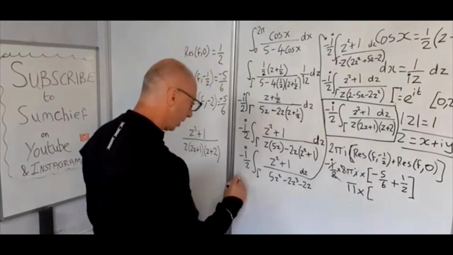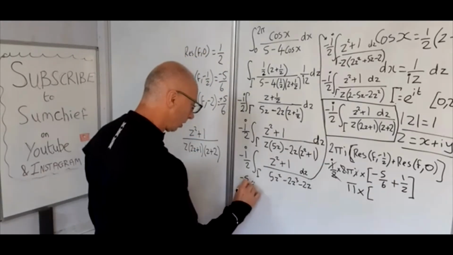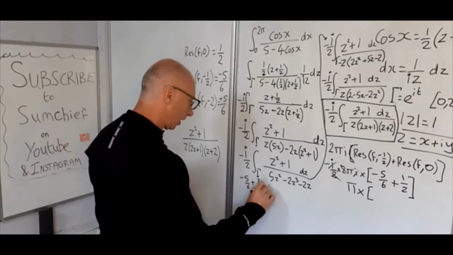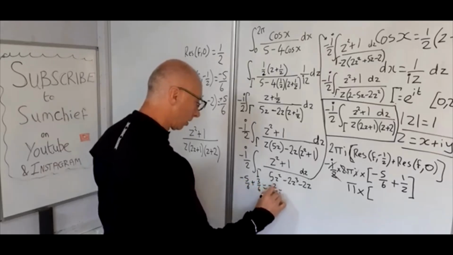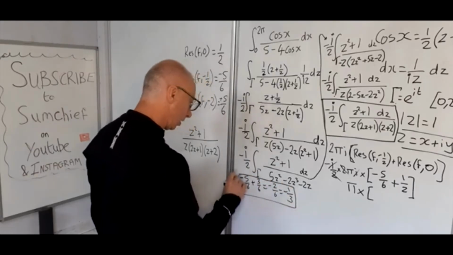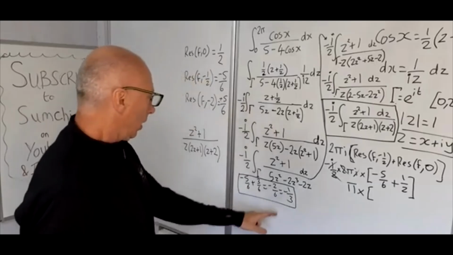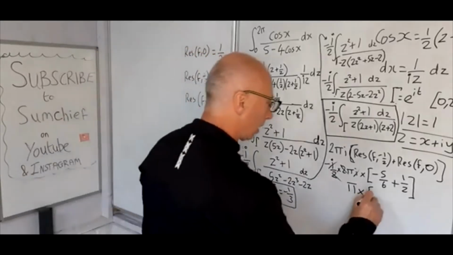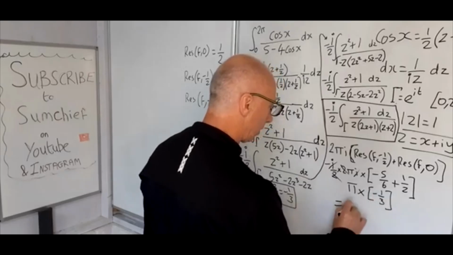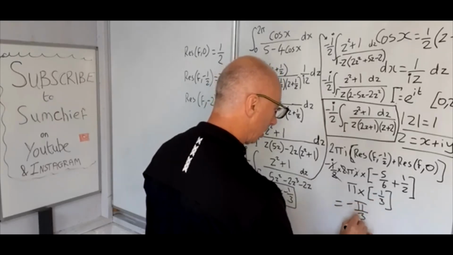Let's just do that quickly. Minus 5 over 6 and a half is 3 over 6. So that equals minus 2 over 6, minus 1/3. Okay, so now multiply this by pi. So therefore we get our answer as minus pi over 3.